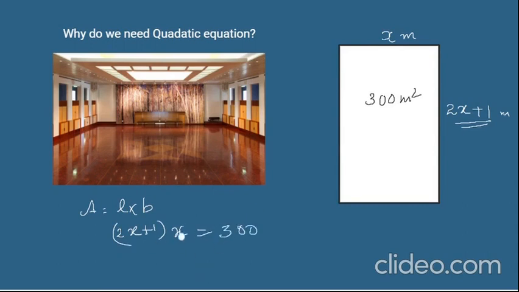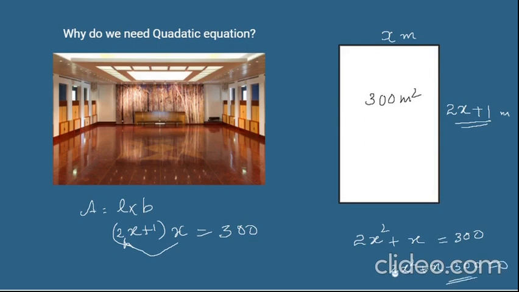You know how to open the bracket, it is nothing other than the distributive law. So 2x into x is 2x square, plus 1 into x is x, is equal to 300. So 2x square plus x minus 300 is equal to 0.